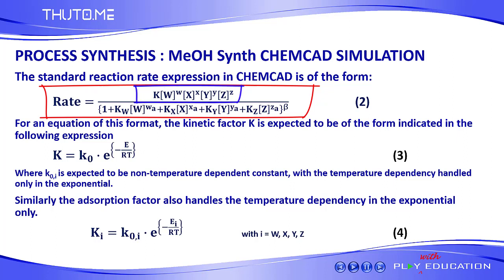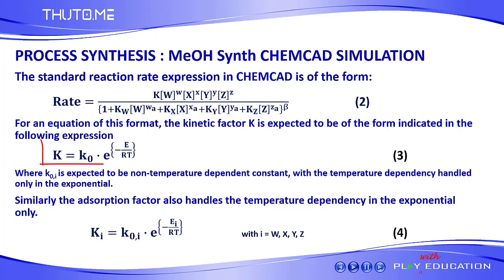As you could see in our methanol synthesis kinetics, we had the forward term and the reverse term. For this format of reaction rate expression, Chemcad does expect the K factor to be given in this format, where you have what is called the frequency factor or the rate constant given as a constant, and then the temperature dependency is handled only in the exponential.